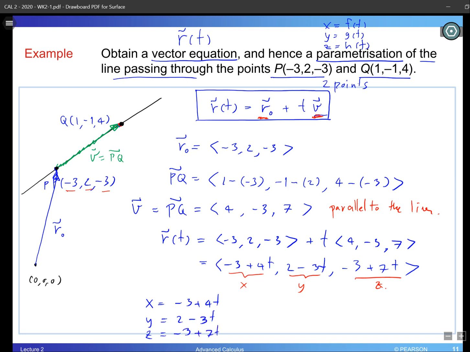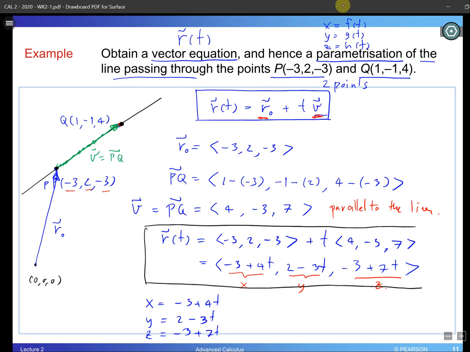So we have two answers right here. The first one in the form of vector equations, and the second one is in the form of parametrization. Right? So here, vector equation, and what you see down here is parametrization.